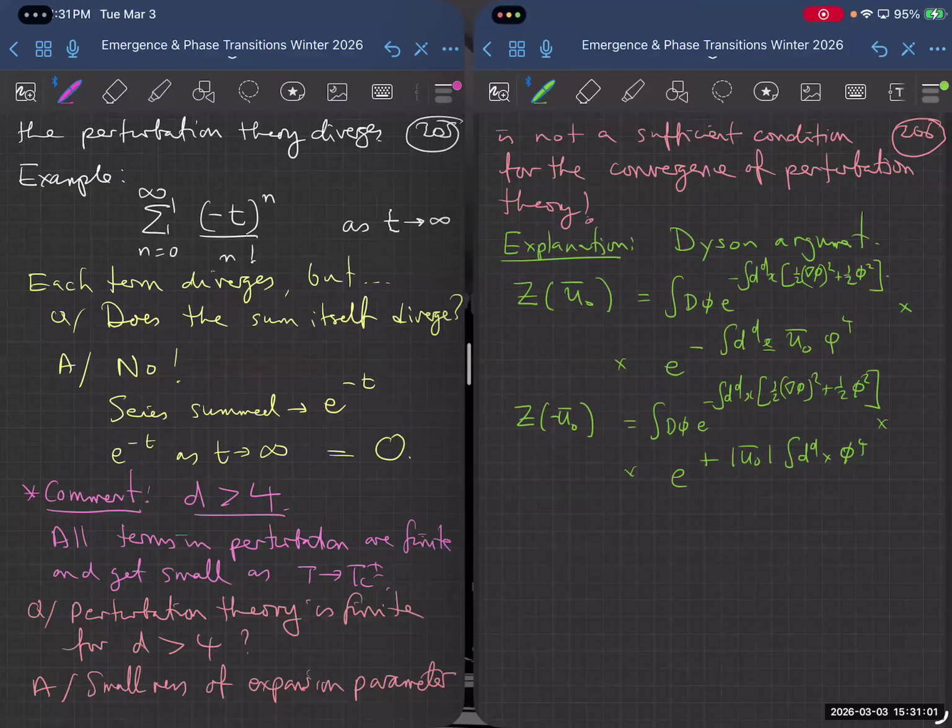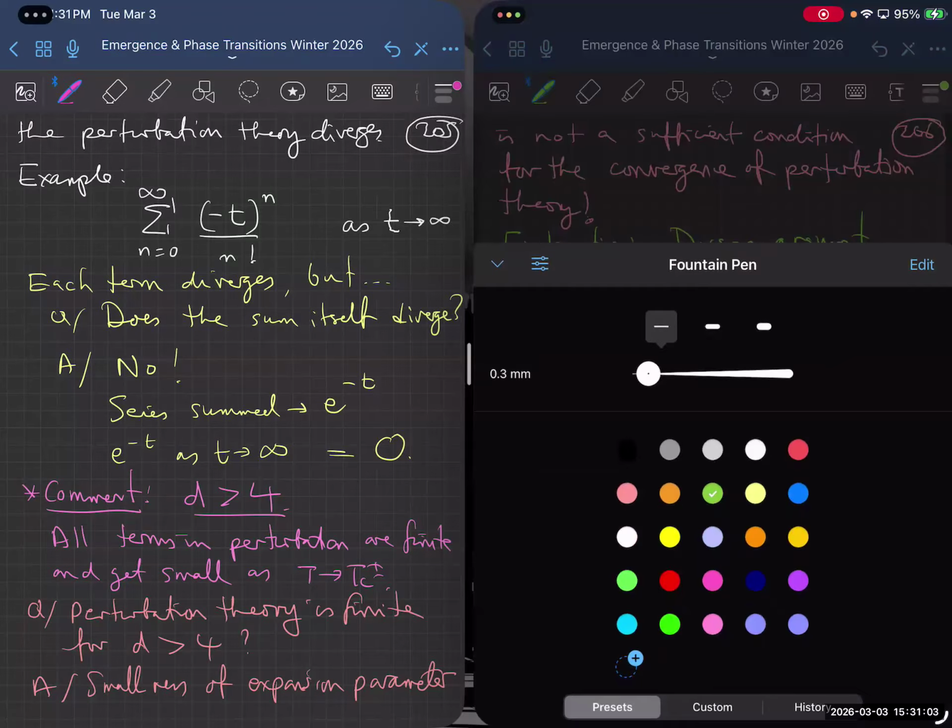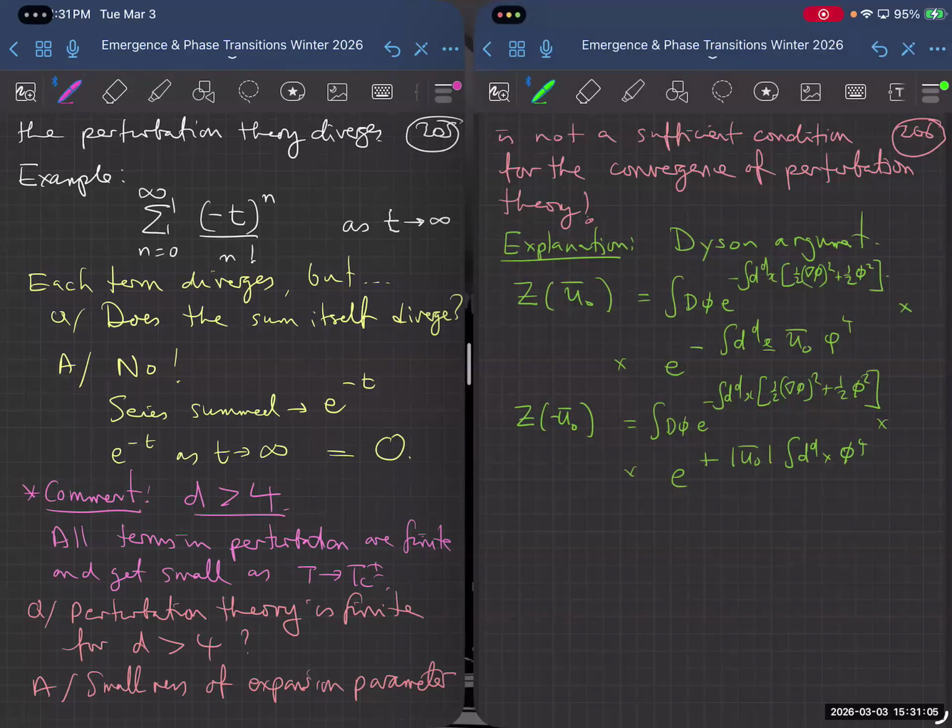You can see that this term is now very divergent because it is positive, and so the functional integral for Z naught will diverge. So when I change the sign of the interactions, I get a convergent integral for one sign, and a divergent integral for the negative sign.